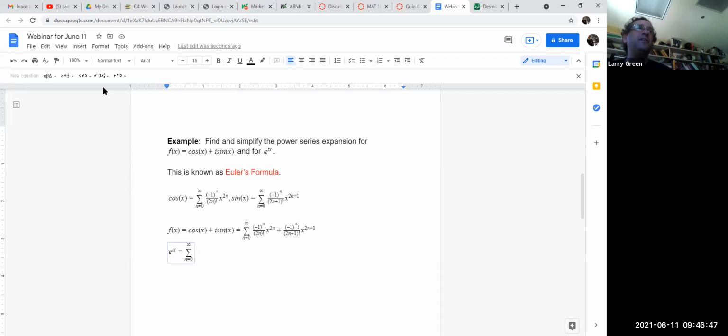And what you're allowed to do is just substitute ix for x. That's how power series works. So I can write ix to the n over n factorial. Any questions on that?